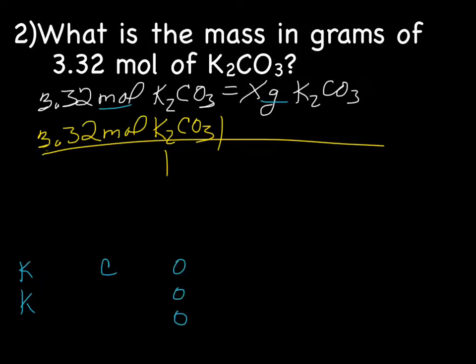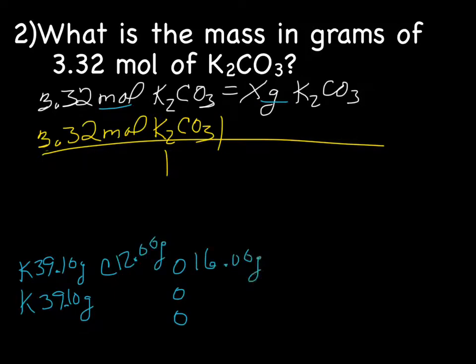So the molar mass of potassium is 39.10 grams. And the molar mass of carbon is 12.00 grams, and oxygens are 16.00 grams. And when we add those all up, we end up with 138.21 grams.